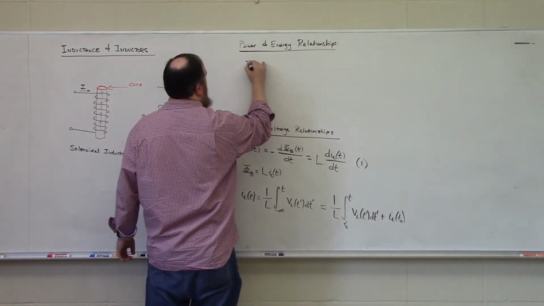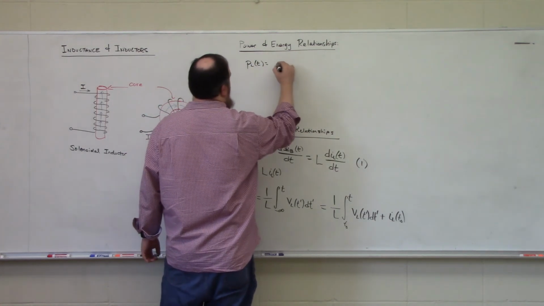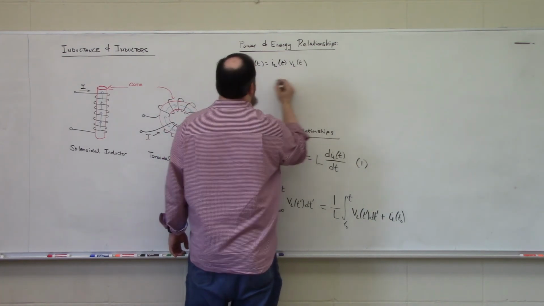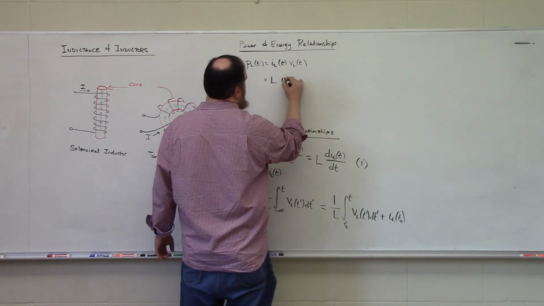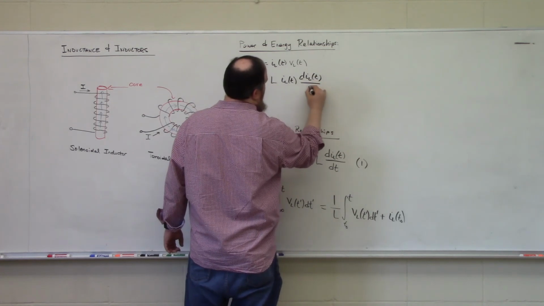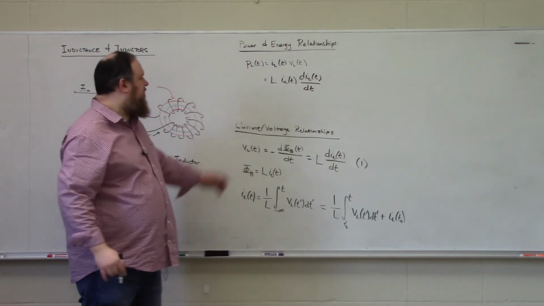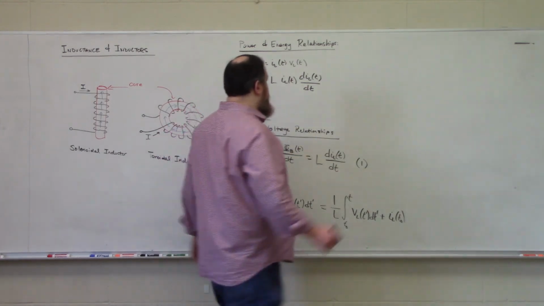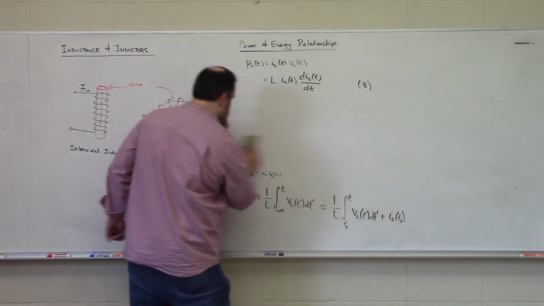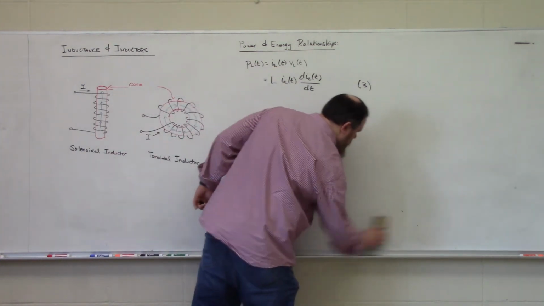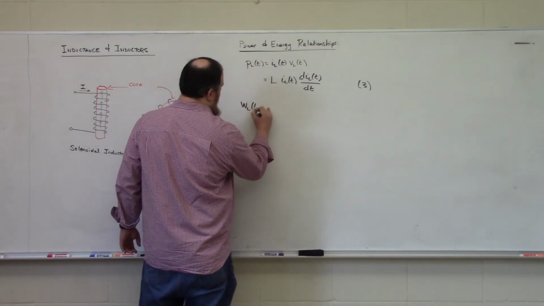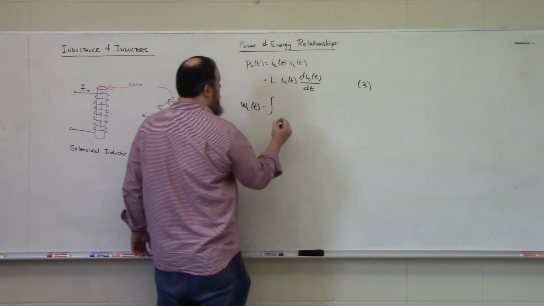So power is defined to be the product of the current times the voltage, which is going to give us L i di by dt, substituting in this expression for the voltage. This is equation 3. And energy, as always, is the integral of power.